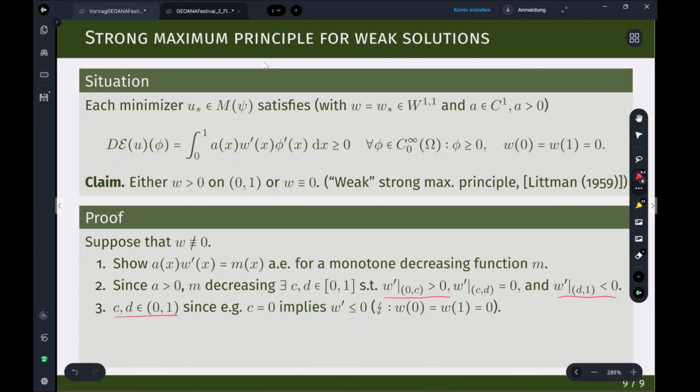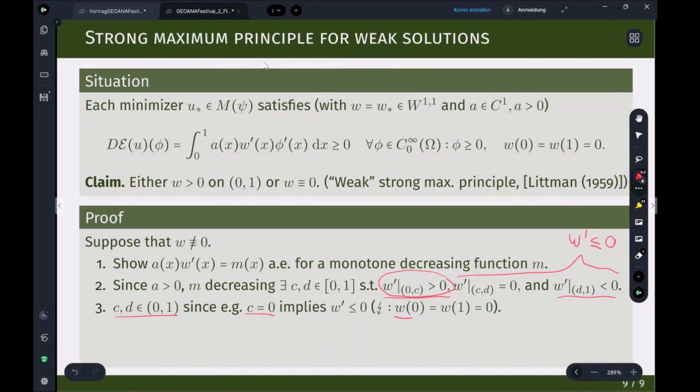This is because we can show that C is positive and D is smaller than 1. Because if C equals 0, so if this region is empty, then you have only two regions remaining, and in both of those two regions W prime is less or equal to 0, right? And if W prime is less or equal to 0, then W is decreasing.